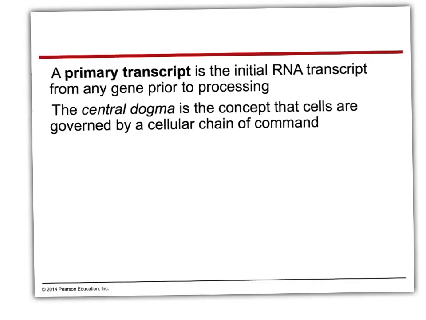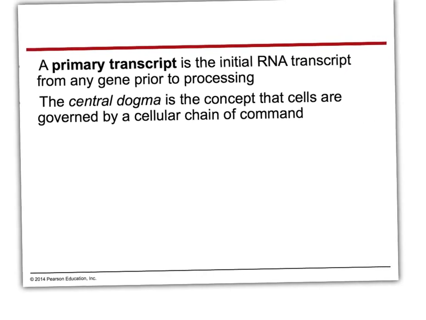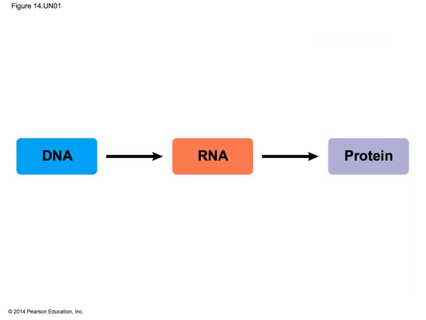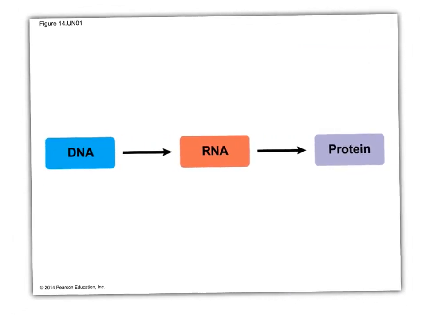Now, this next part right here, the central dogma, is the concept that cells are governed by a cellular chain of command, which is DNA codes for RNA and codes for a protein.